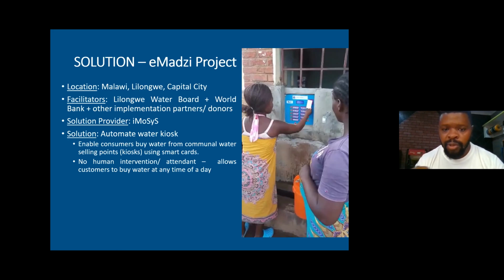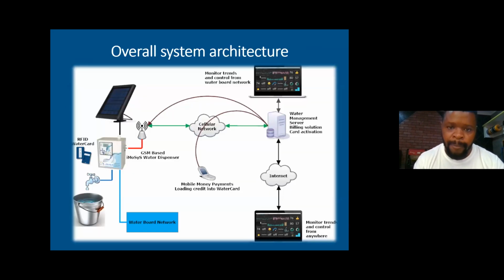They go to a kiosk tap and select an amount of water. If there's credit in the card, then water will come out. So we've taken out the need for an attendant. There's no human intervention, and people have access to water 24/7, even at night, because it's also powered by solar.